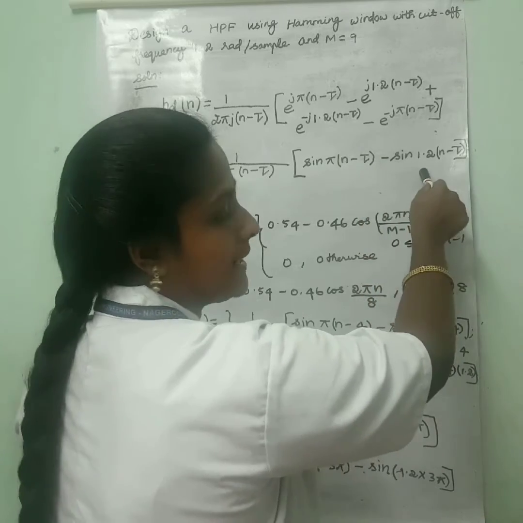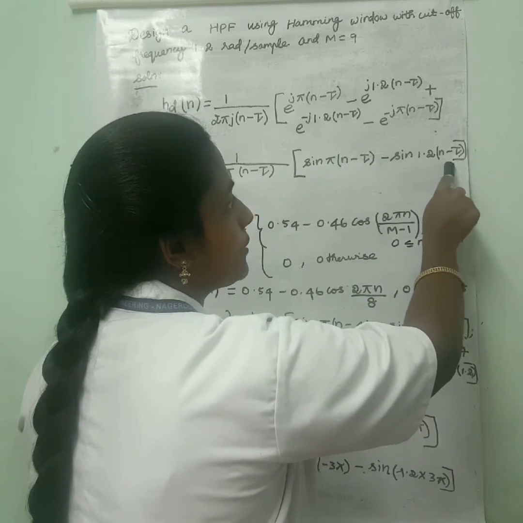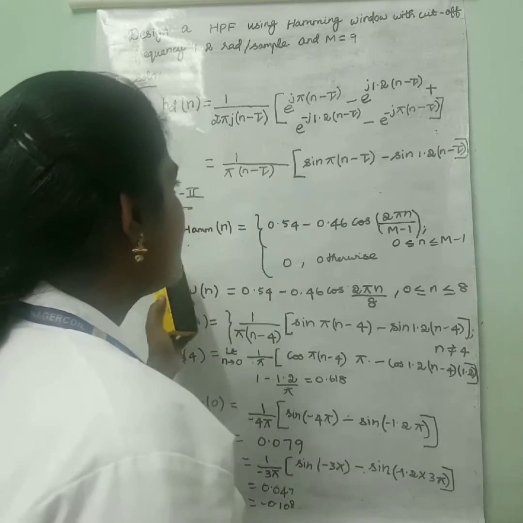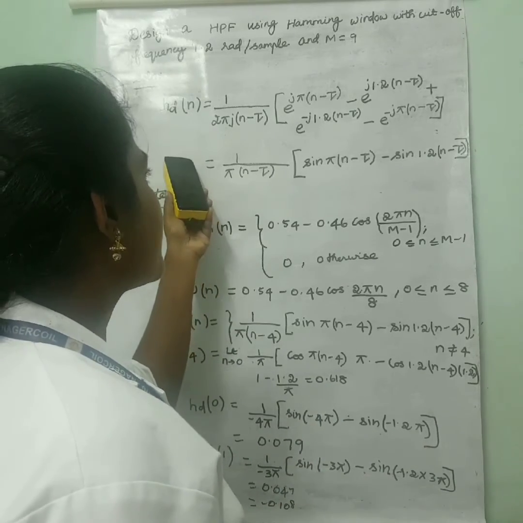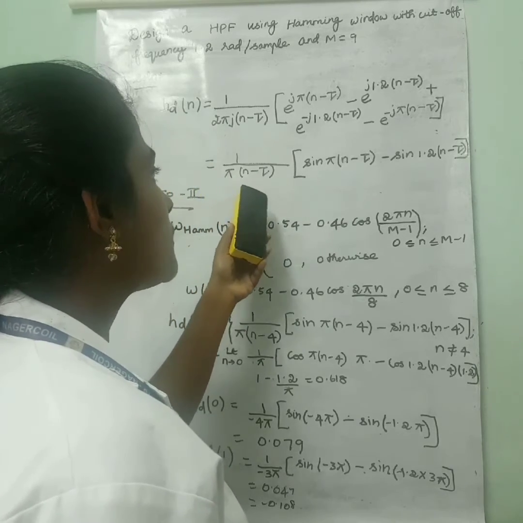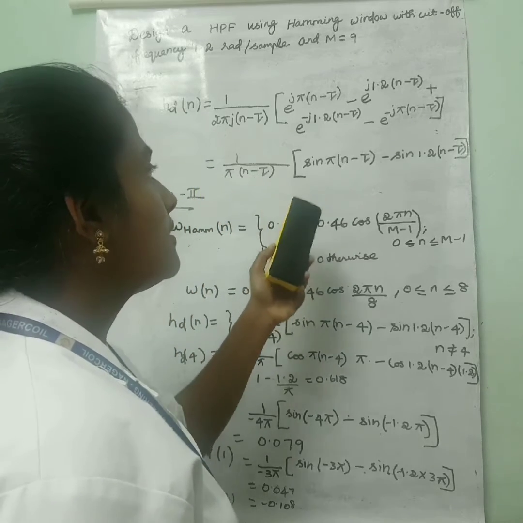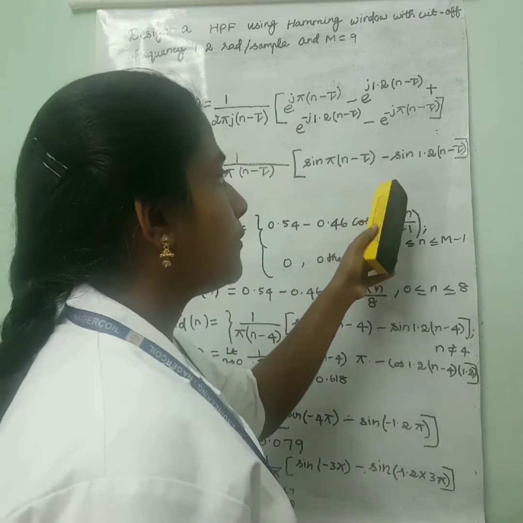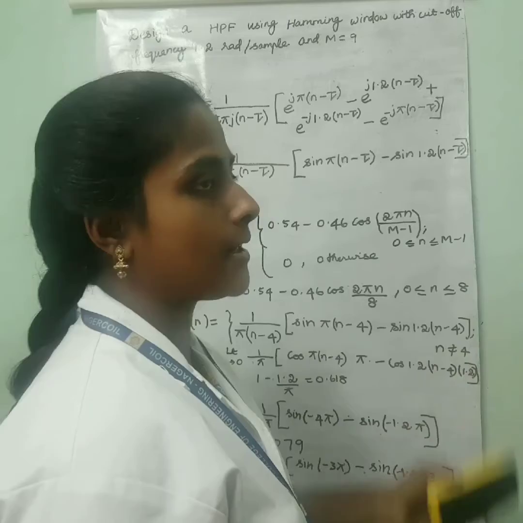So you will get minus sin 1.2(n − τ). Now our desired frequency response is 1 by π(n − τ) into [sin π(n − τ) − sin 1.2(n − τ)].